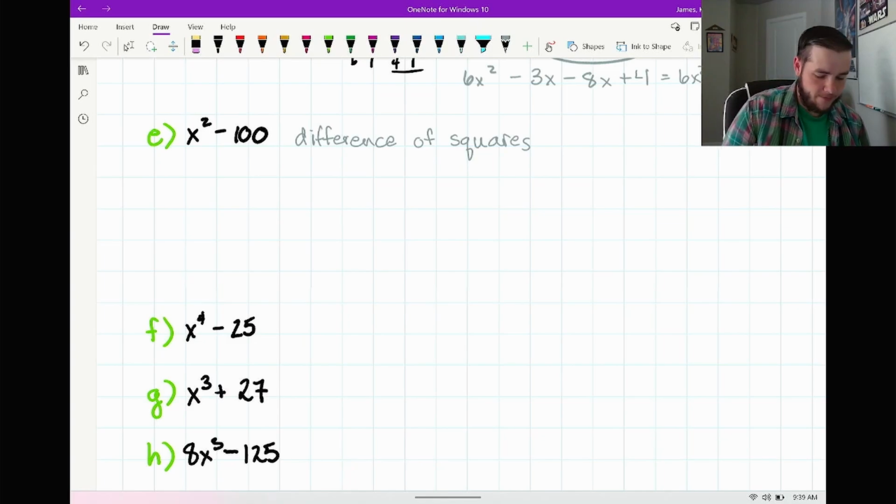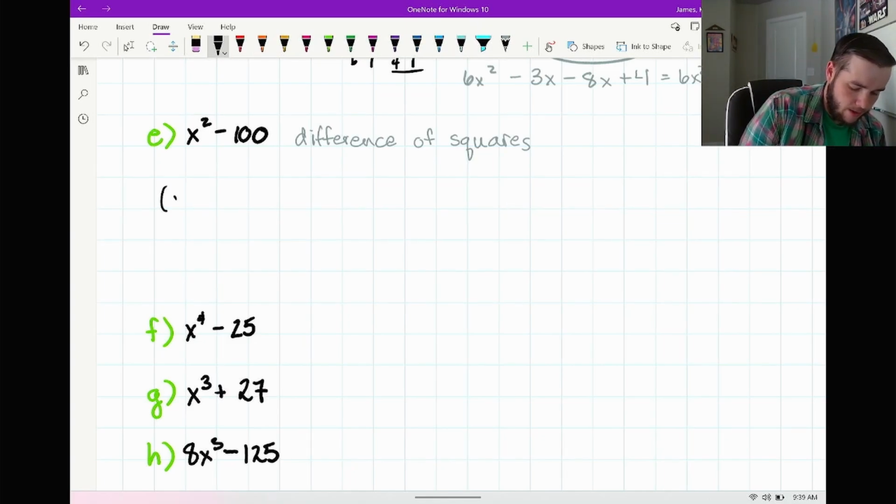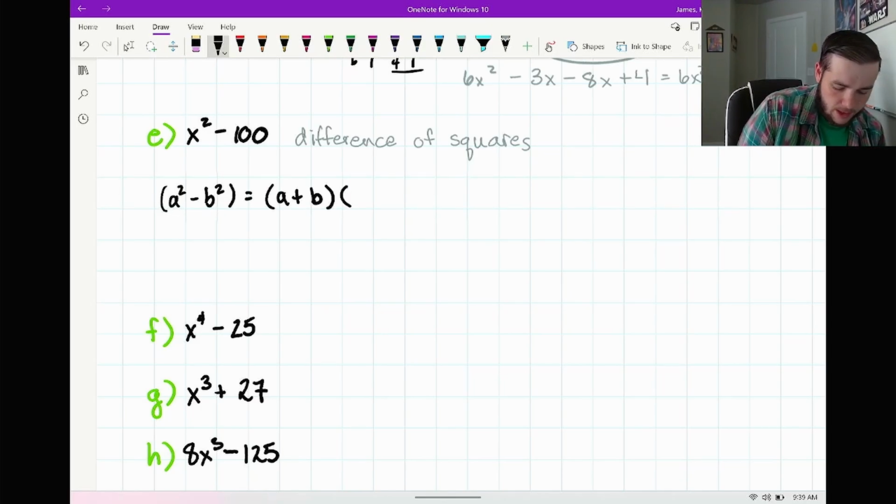Whenever we have a difference of squares, say a squared minus b squared, this factors into a plus b and a minus b.